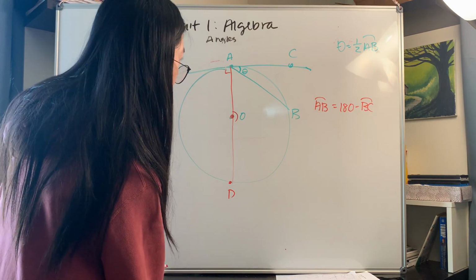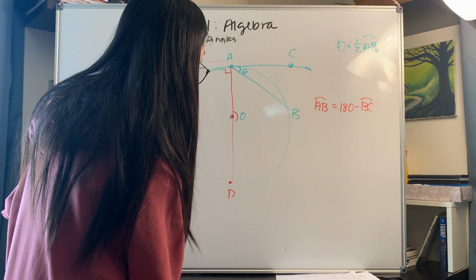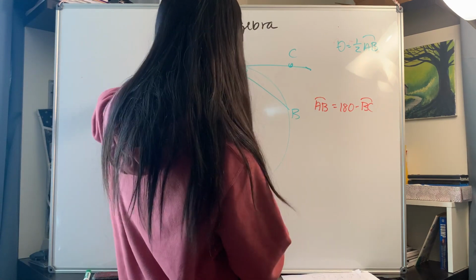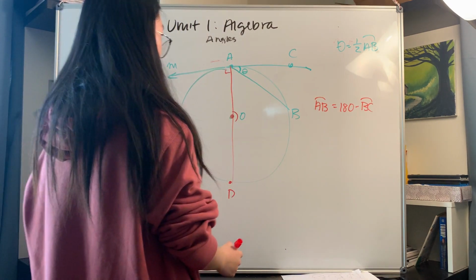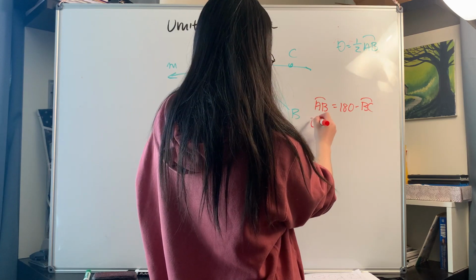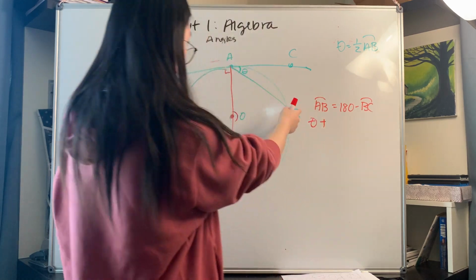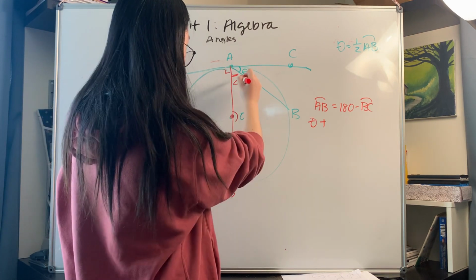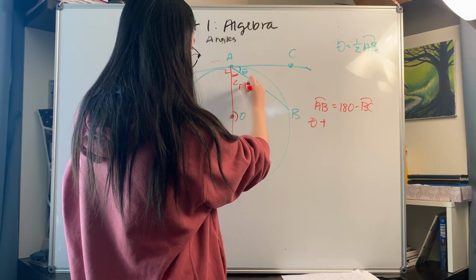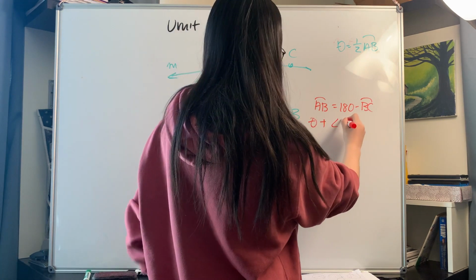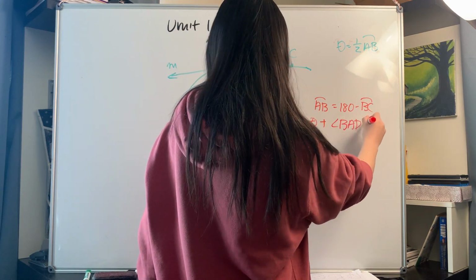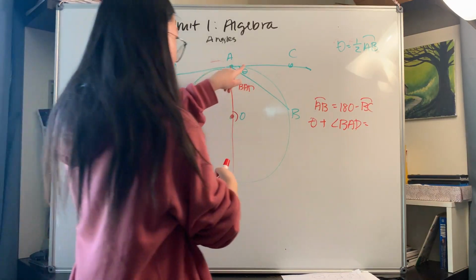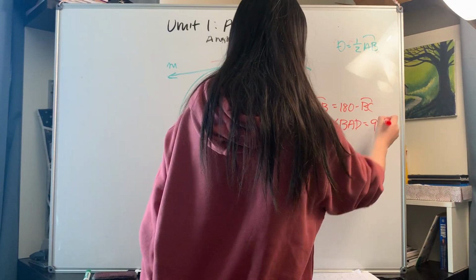And so another thing that we can glean from this problem is the angles right over here. We also know that theta plus this angle right here, angle BAD, is equal to 90 degrees, because this is supplementary, this is 90 degrees, so this also must be 90 degrees.